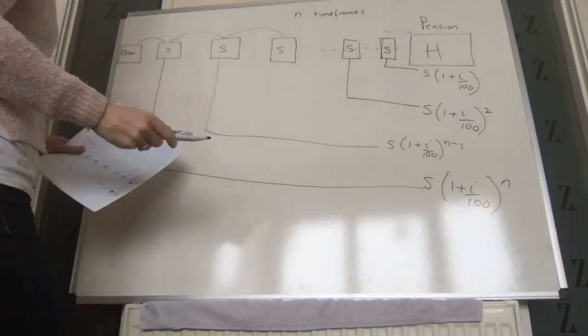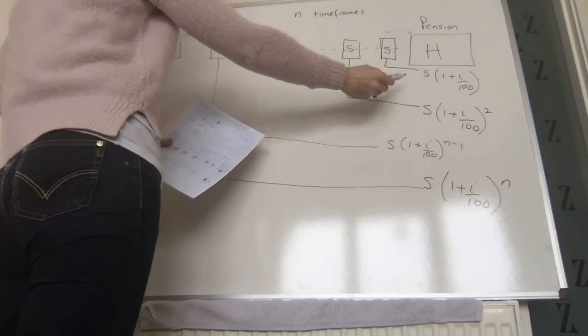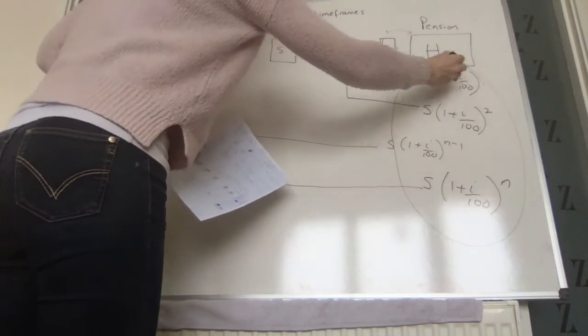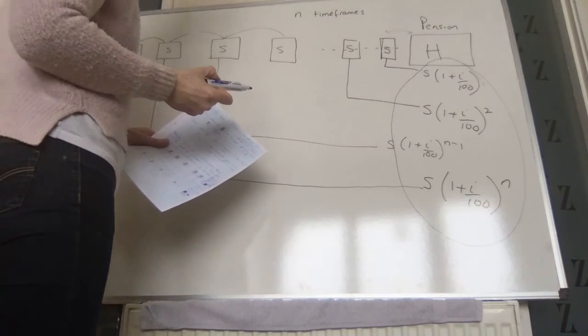So to work out what your S would have to be to give you a particular pension, you need to look at the sum of all of these values and put them equal to the holiday fund or the pension that you want.